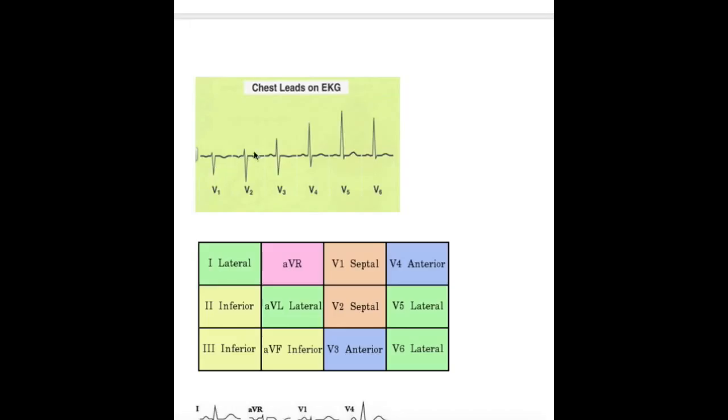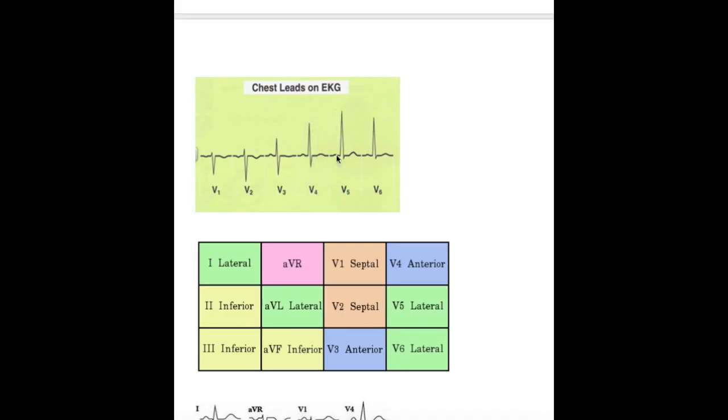So if you go from left to right in this picture, from anterior to the lateral side, the S wave is deepest in lead 2 and then goes on decreasing, whereas the R wave goes on increasing towards the lateral leads and is tallest in chest lead 5.